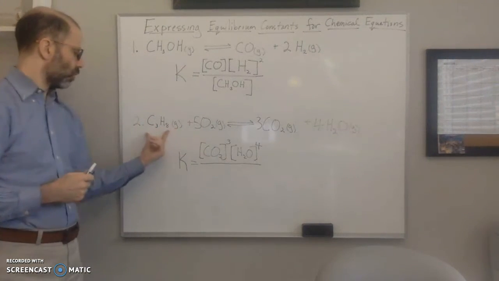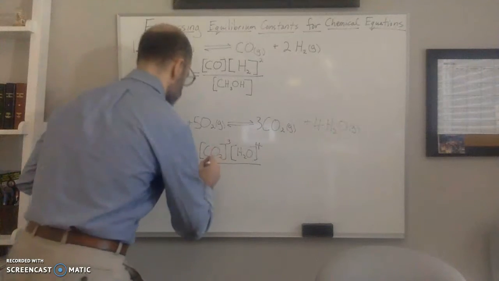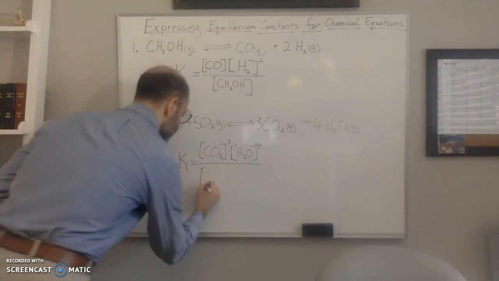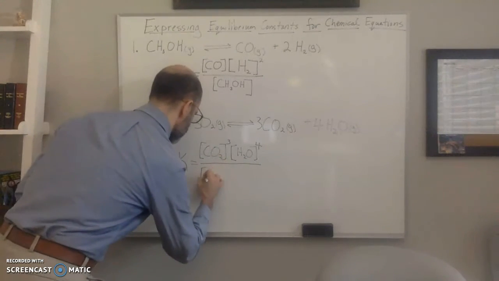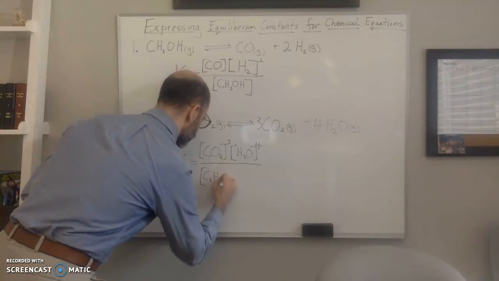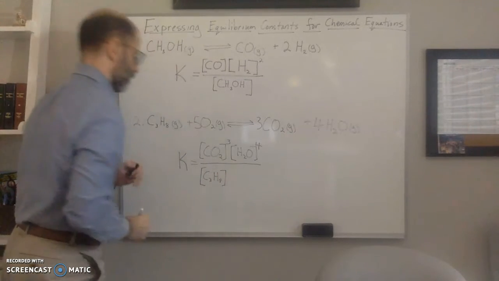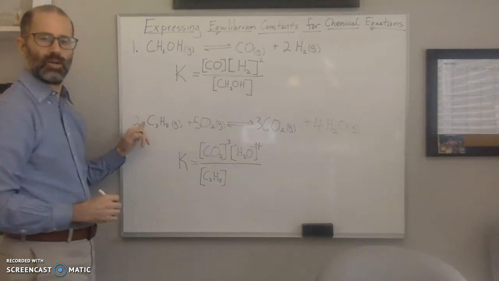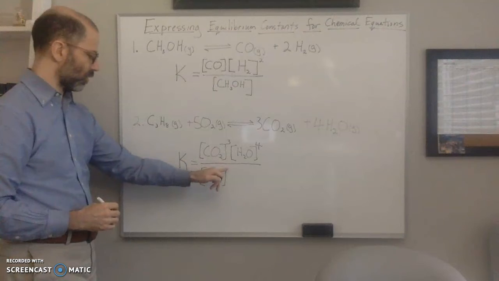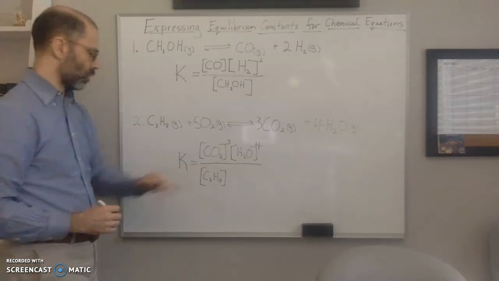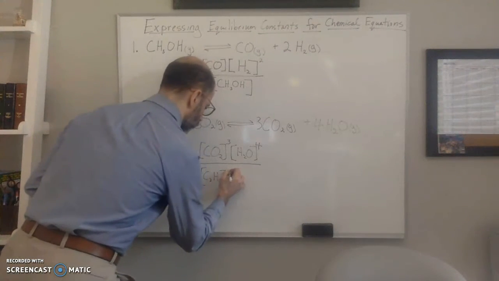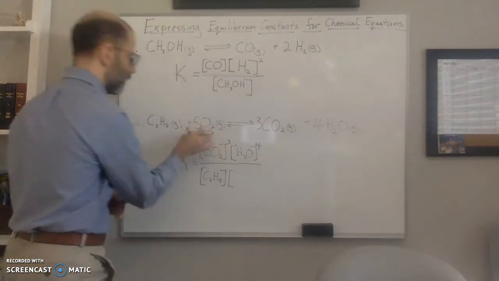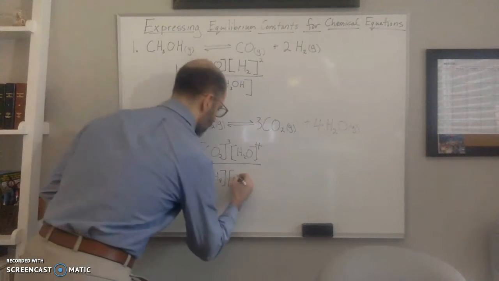So we have 1 C3H8, so we're going to put that down here. C3H8. And this is a coefficient of 1, so we're going to raise this to the power of 1. We're not going to write down the 1 though. And we're going to multiply this by the concentration of oxygen.